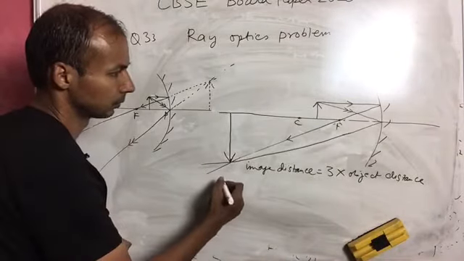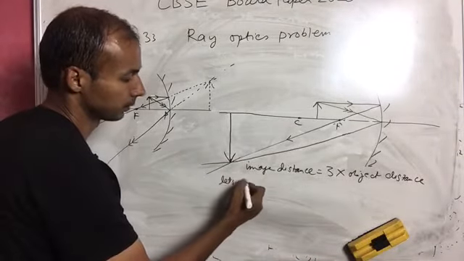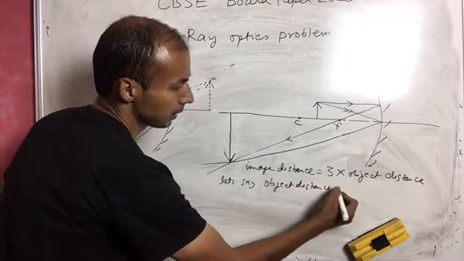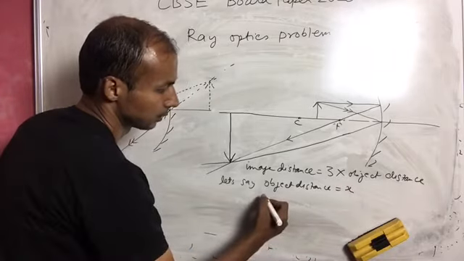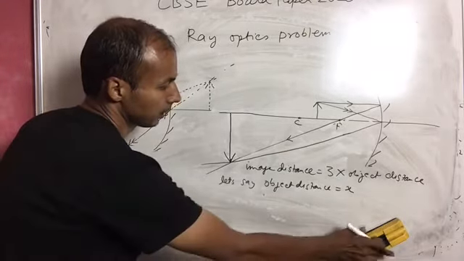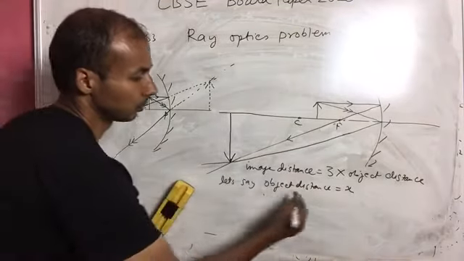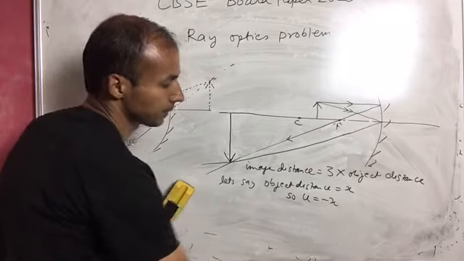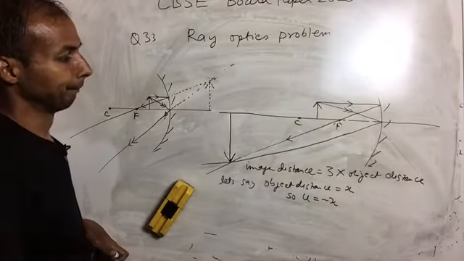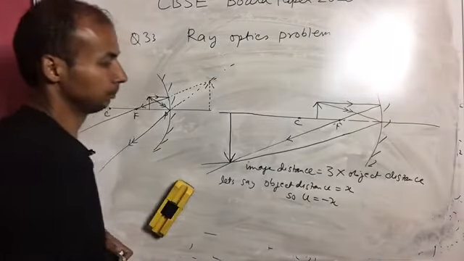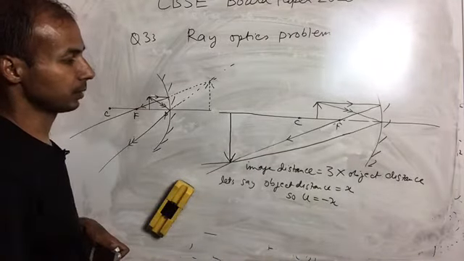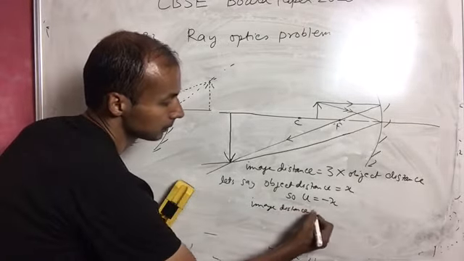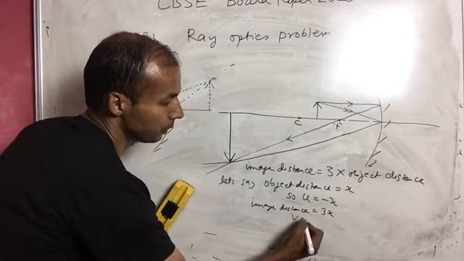So let's say the object distance is equal to x. So u is equal to minus x, by sign convention, and the image distance is 3 times that, so the image distance is 3x.